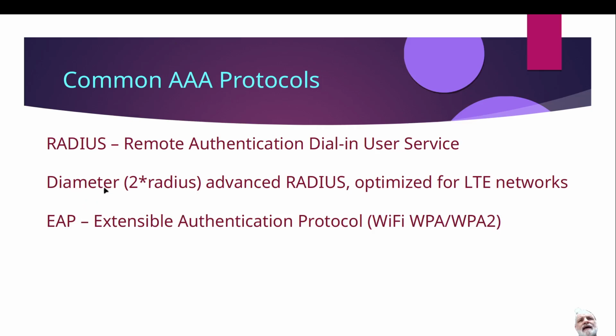Another one is called Diameter, which is 2 times the radius. It's a play on the original RADIUS, which just has some advanced features and is optimized for cell phone networks. And then there's another one called Extensible Authentication Protocol. And this, like our standard Wi-Fi security, uses this protocol.